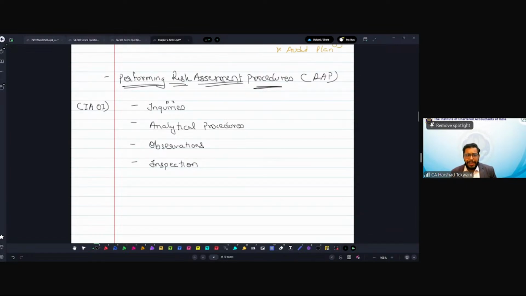Analytical procedures that are performed at the risk assessment stage. What will I do in that? No one? Yes, Janine, good. Yes, Hemant, very good.